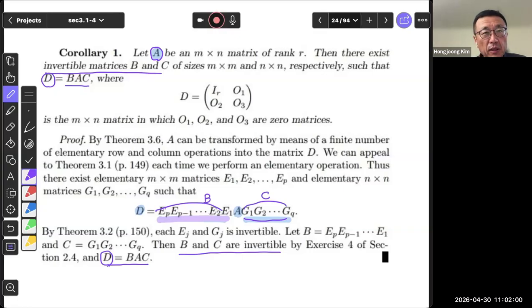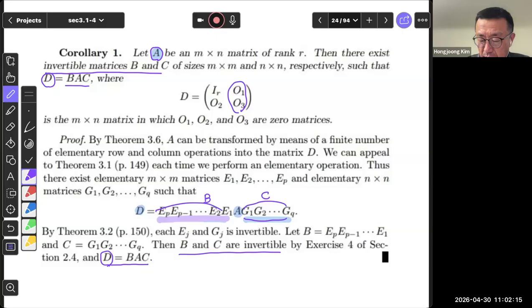Now, given this D, what is the rank? These columns are just zeros, right? Those columns are just the zeros.